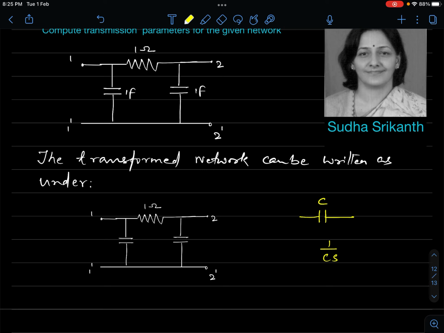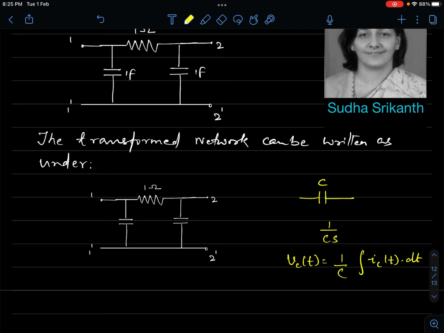It is something like voltage across the capacitor equals 1 by C integral of IC dt. If you take the Laplace transform of it with zero initial conditions, so that initial conditions are not introduced, it will be simply this into I of s.